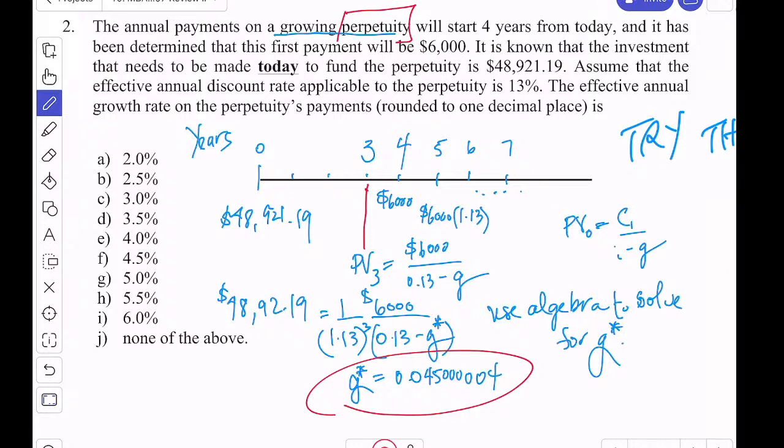Let's see. Okay, let's look at number 8 from the test.